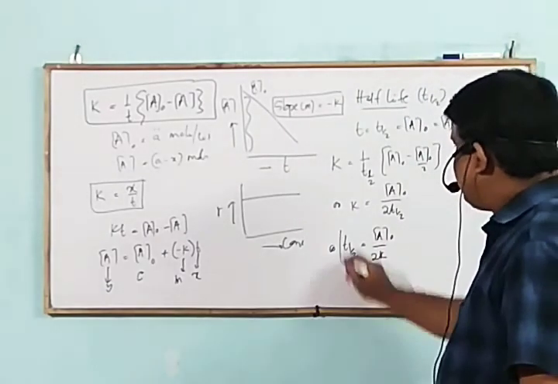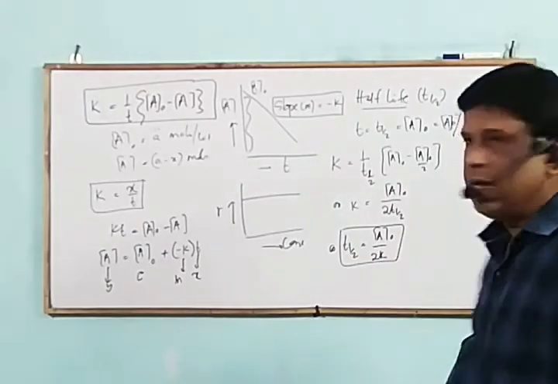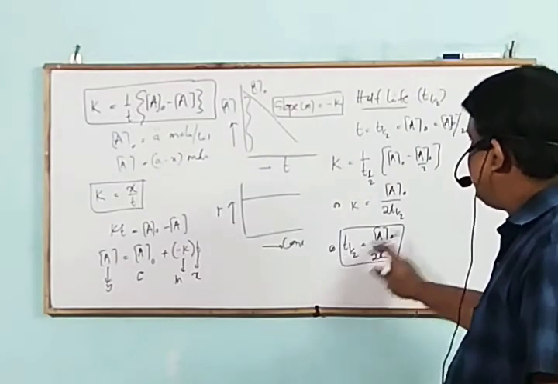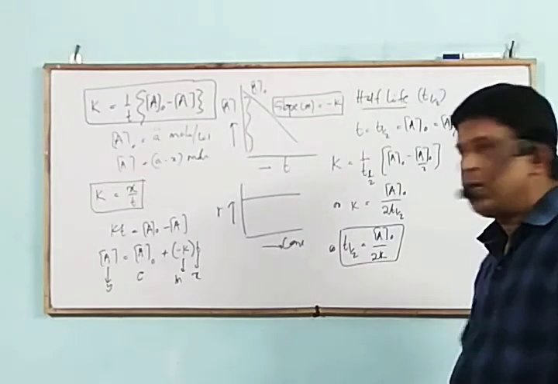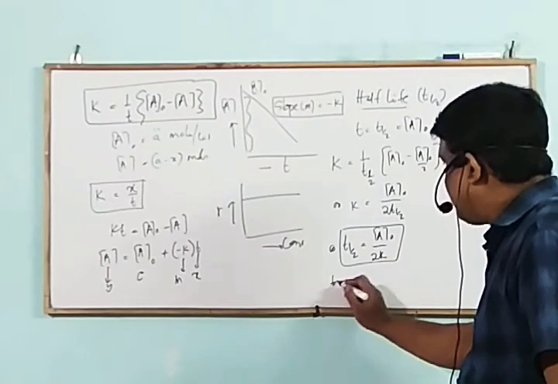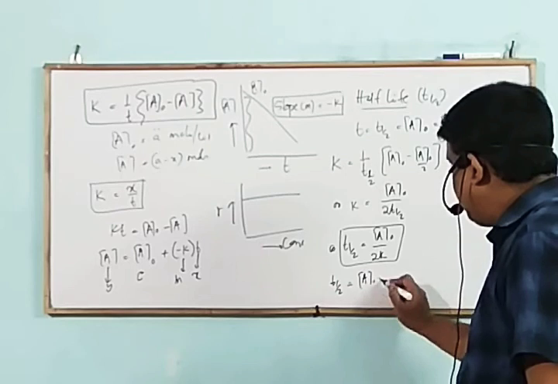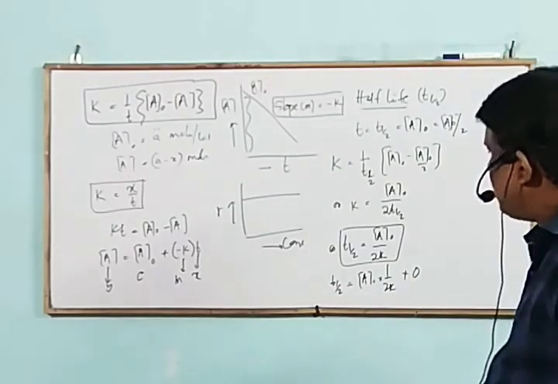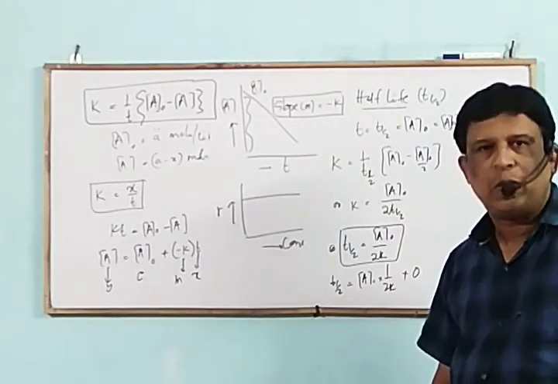So this equation is the required expression relating the half-life period and initial concentration. If we plot a graph of half-life with initial concentration, we see that the half-life period is directly proportional to initial concentration. And this equation may also be represented as t half is equal to A naught into 1 by 2k plus 0. It is an equation of a straight line in the form y is equal to mx plus c.